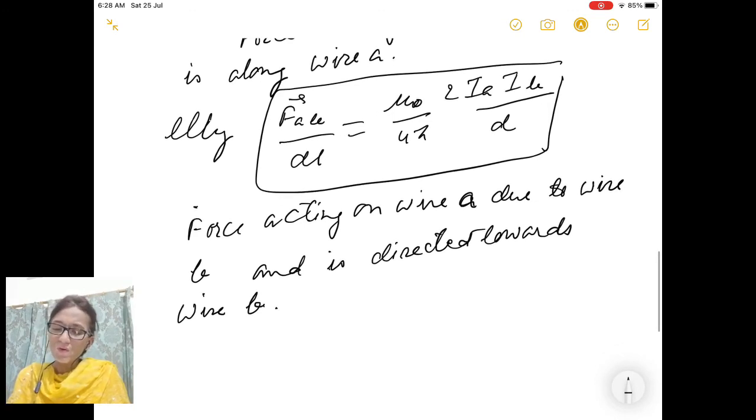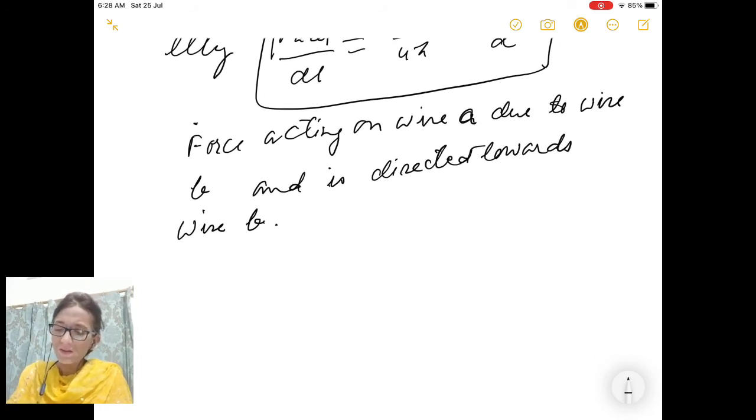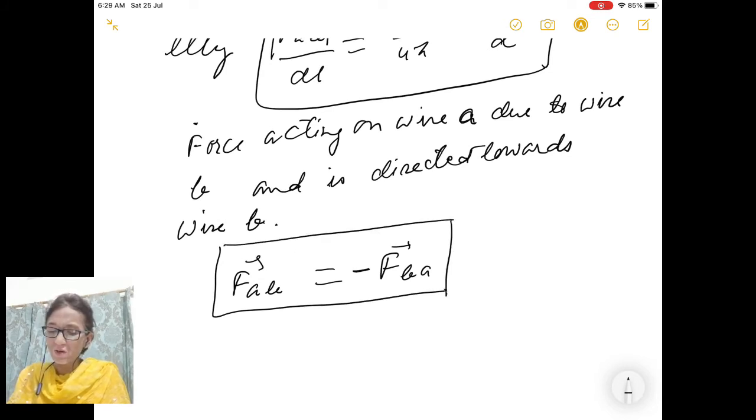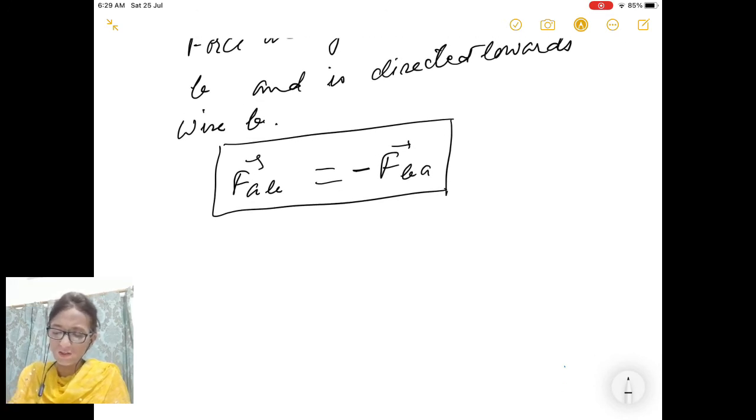So here we observed that the force on wire A due to wire B is equal to the force on wire B due to wire A, and only the direction is opposite. So here we come to Newton's third law, starting from Biot-Savart's law and Lorentz law.